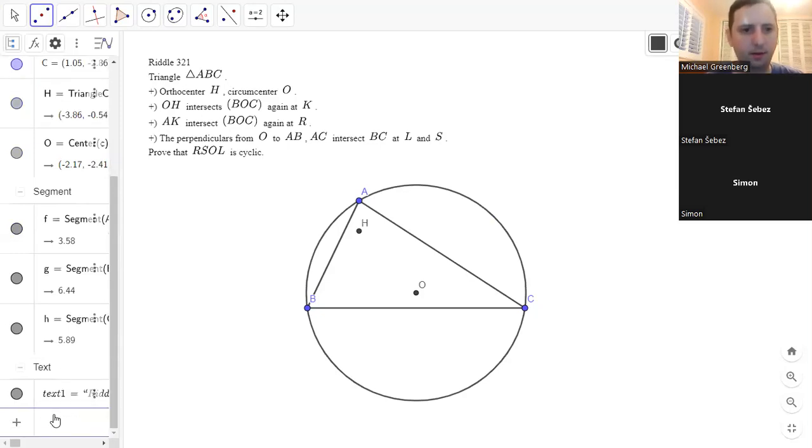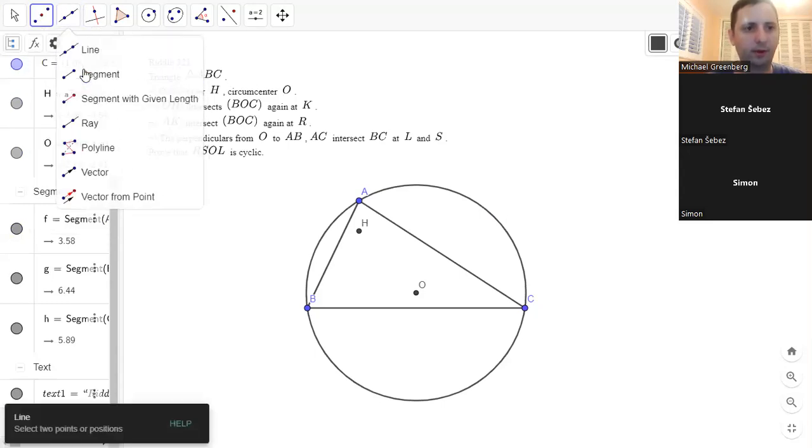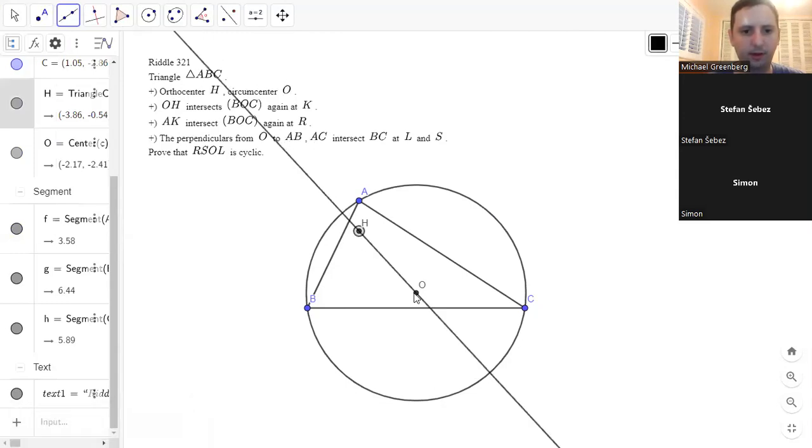And then OH, that's the Euler line. We want to see where it intersects BOC. And it intersects it at K.